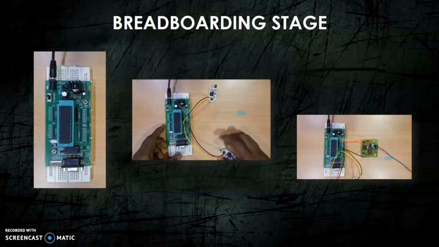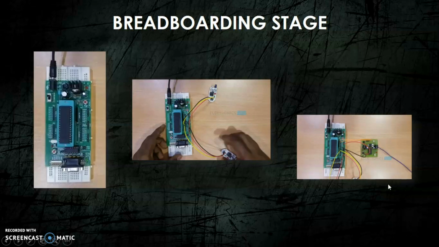a 10 kilo ohm resistor. As for the connections, two IR sensors have been connected to the pins of the microcontroller, where the data pins from the IR sensors were connected to pins 2.7 and 2.6 of the microcontroller, followed by the VCC and ground pins.